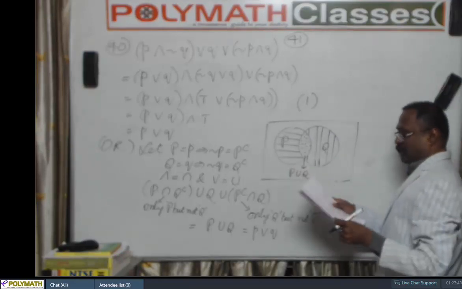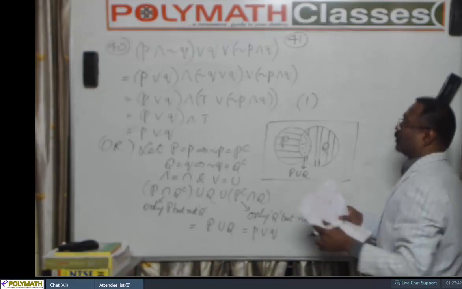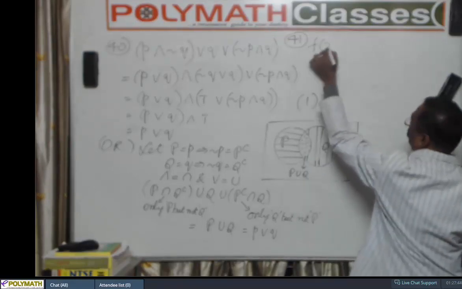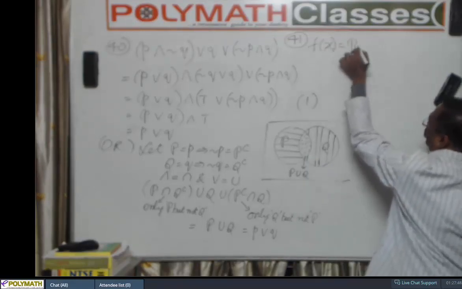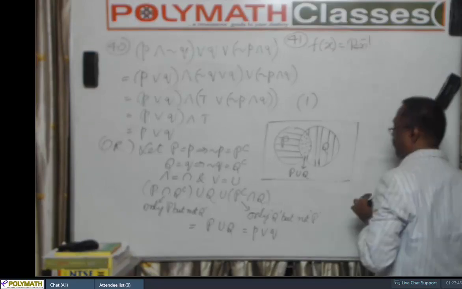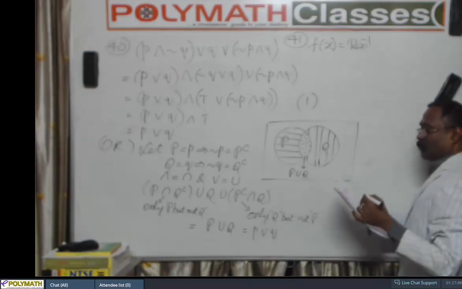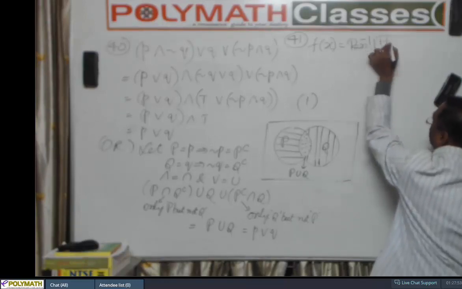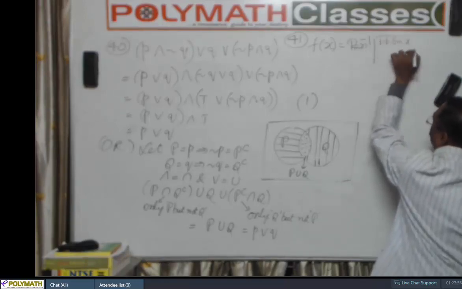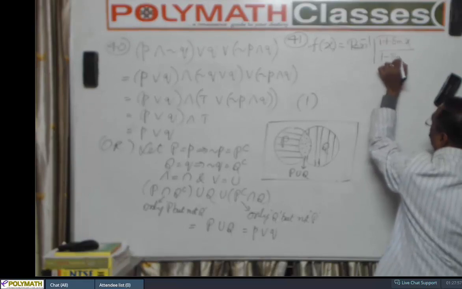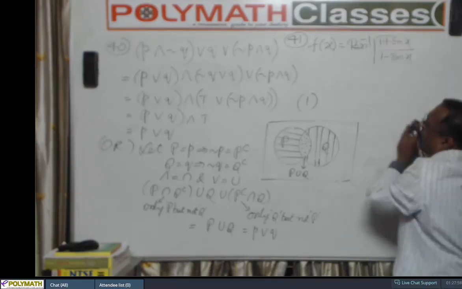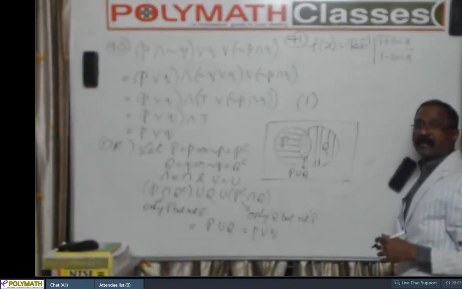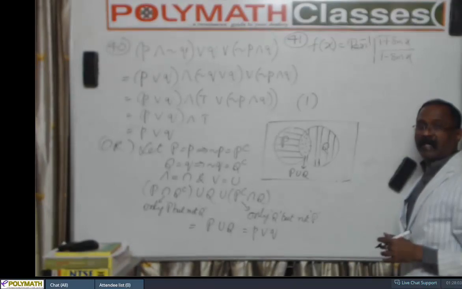What is f x given there? It is nothing but tan inverse of root over (1 plus sin x) by (1 minus sin x). And the condition of x we have already seen. X is lying in the first quadrant.